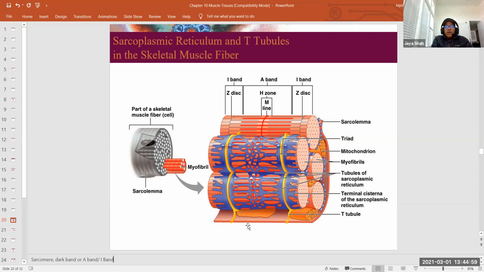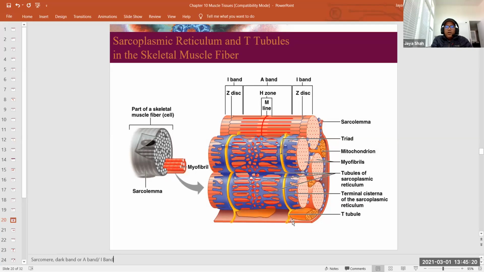Now let's talk about the other structures. If this is the plasma membrane, the sarcolemma of the muscle cells, the sarcolemma invaginates and goes around each myofibril.